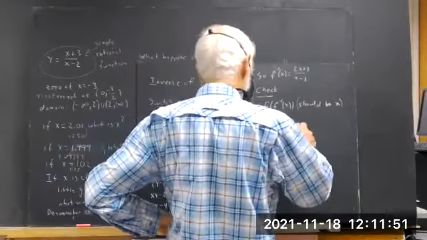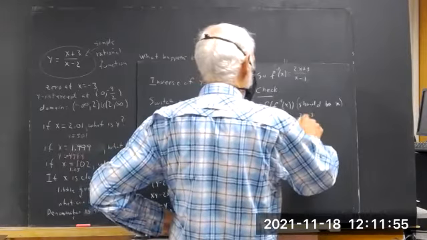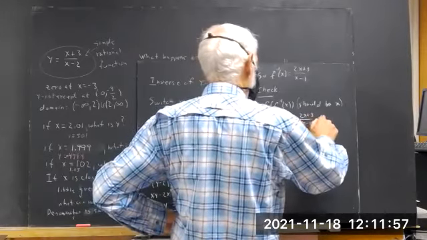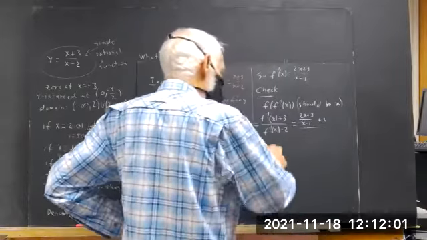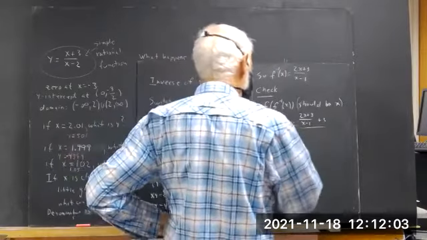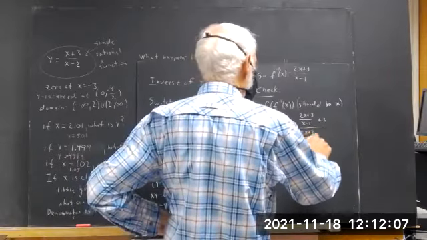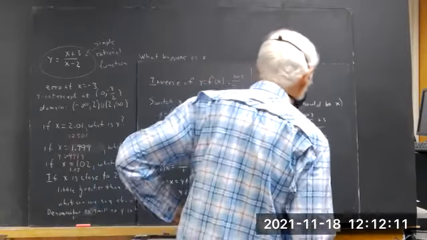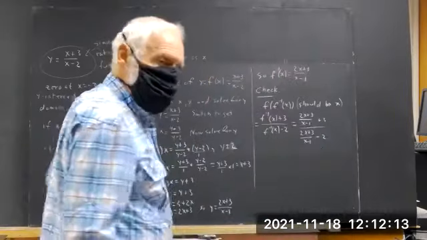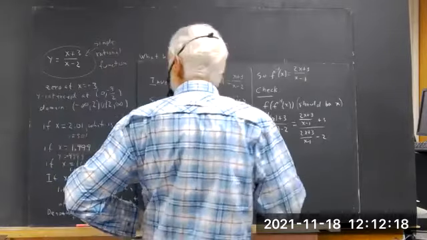Now f inverse of x is 2x plus 3 over x minus 1, plus 3, divided by 2x plus 3 over x minus 1 minus 2. So I'm going to have to skip a couple of steps.